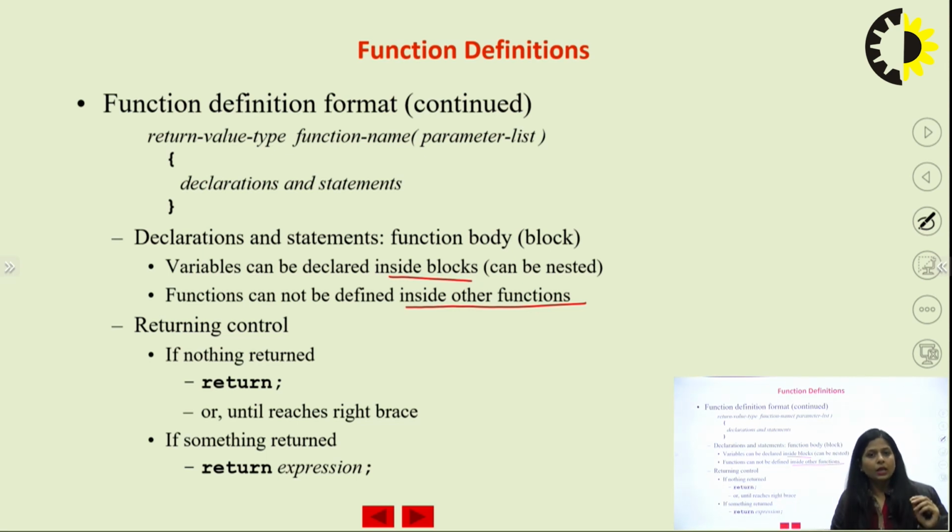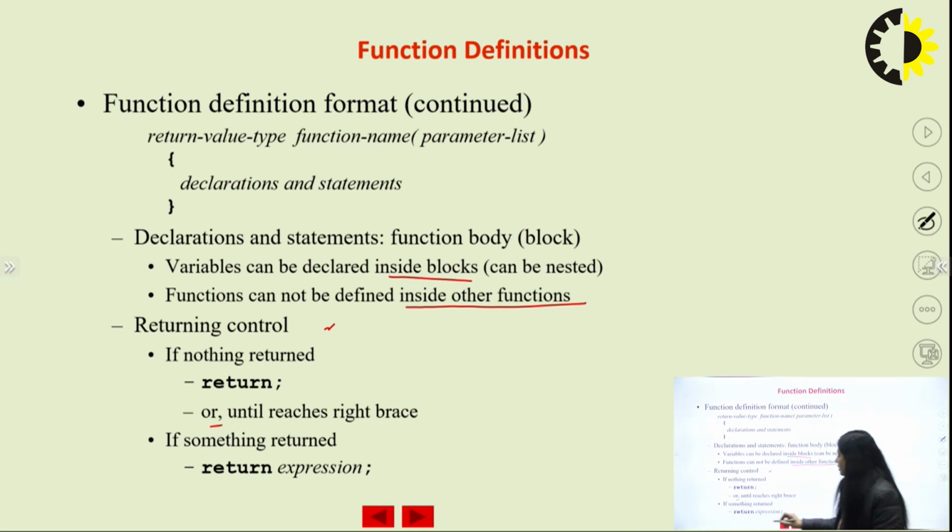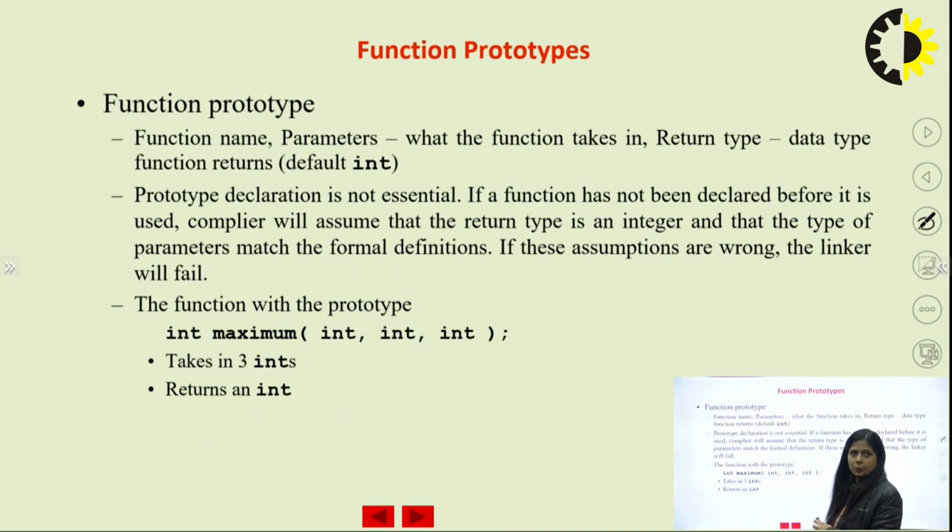We can call n number of functions from other functions, but functions cannot be defined inside other functions, right? Returning control: if nothing is returned, simply return, or control returns when it reaches the right brace. If something is returned, like we have seen in the last slide where we were returning C, then that expression has to be included, fine.